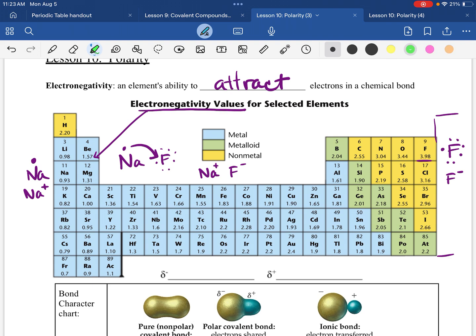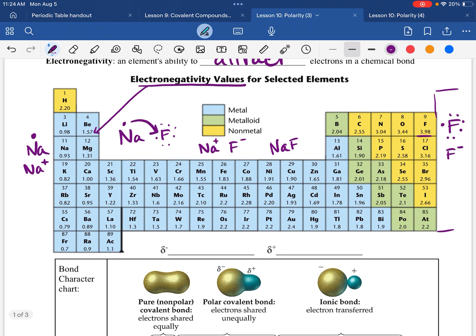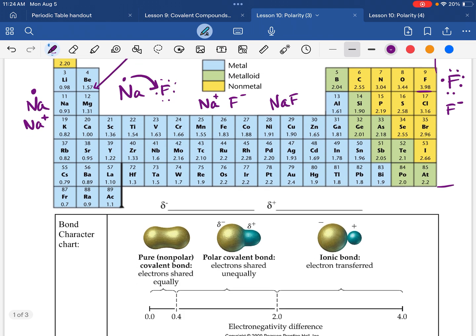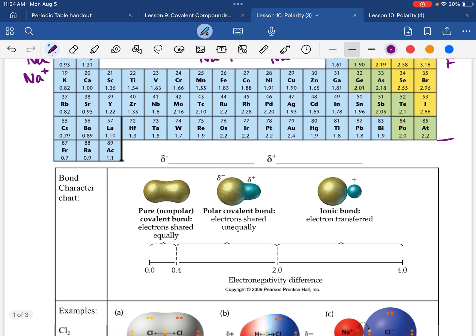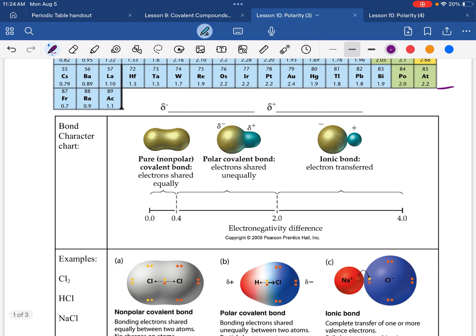They will then be attracted to each other because of the negative and positive charges, and they will form the compound NaF, sodium fluoride, 1 sodium per 1 fluorine. And that is actually the compound that they put in toothpaste to keep your teeth strong, sodium fluoride, and in drinking water. So let's now take a look at how we're going to use this chart with these numbers.